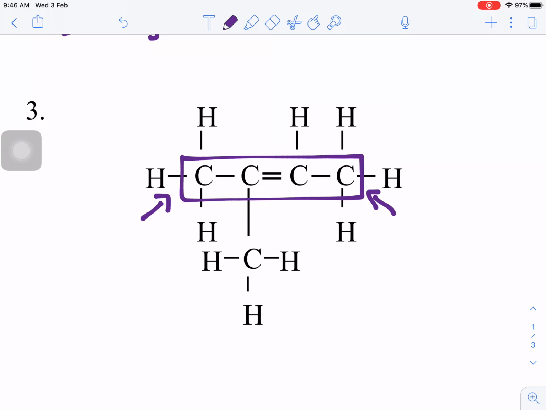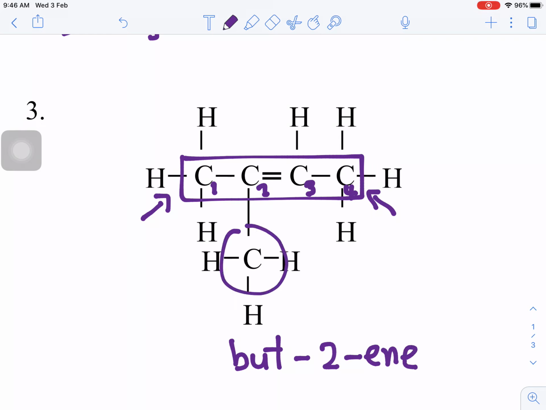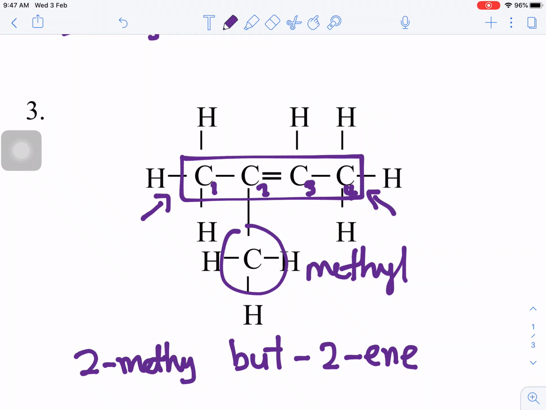So we must start from here. 1, 2, 3, 4. So the name is but-2-ene. And the methyl is attached to carbon number 2. So the name is 2-methylbut-2-ene.